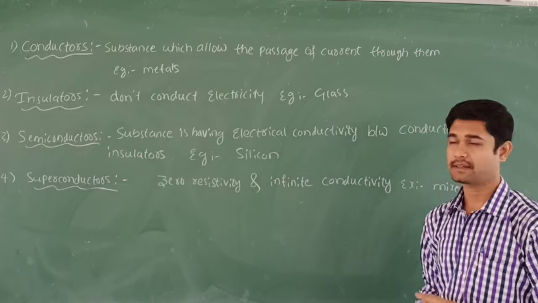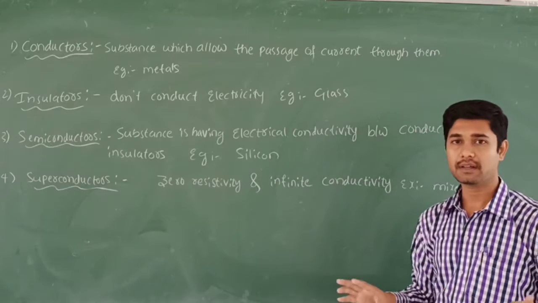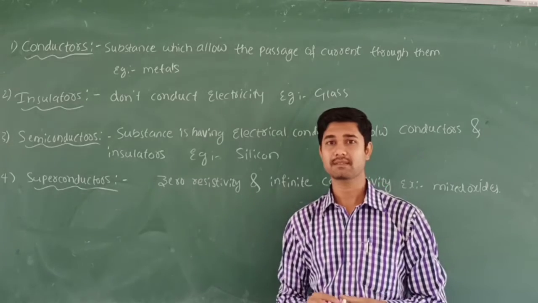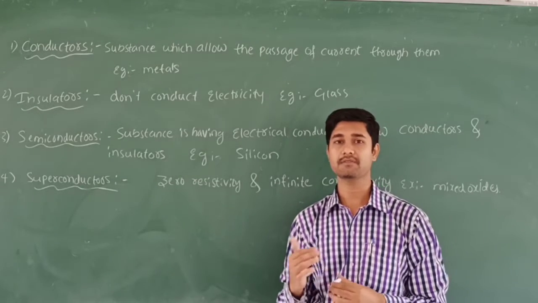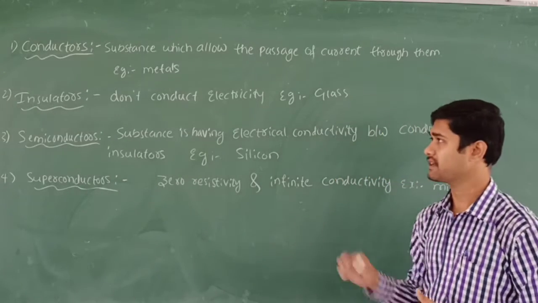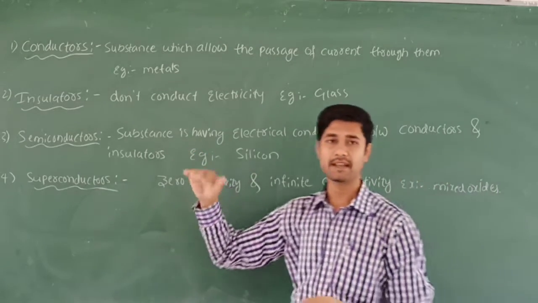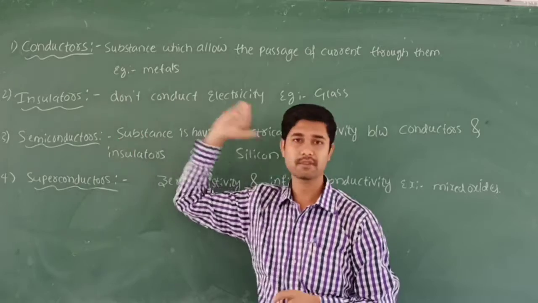Next, insulators. Insulators do not conduct electricity. For example, glass. In glass, the current is not passed through, as in air. That is an example of an insulator. Third, semiconductors. A semiconductor lies between the conductors and insulators.